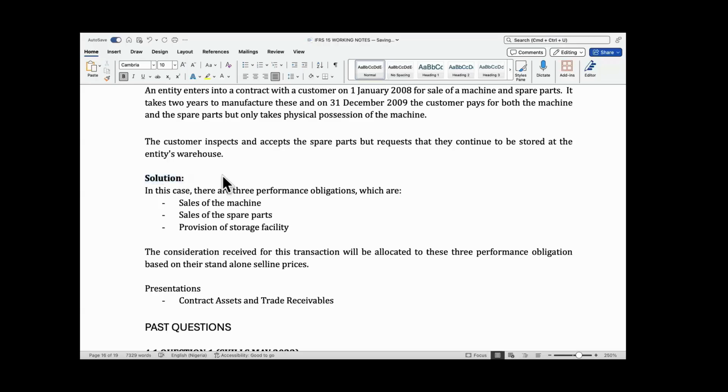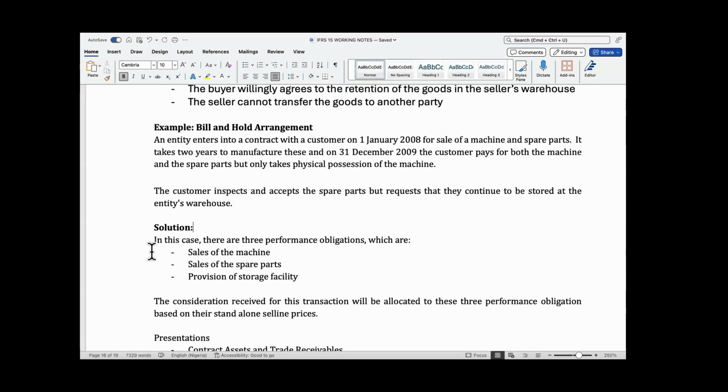So, we are not saying you should charge, even if you are doing it for free. But the core thing is that you need to recognize revenue separately for that provision of storage facility. Part of the money you are recognizing as revenue for the goods needs to be allocated to this provision of storage facility.